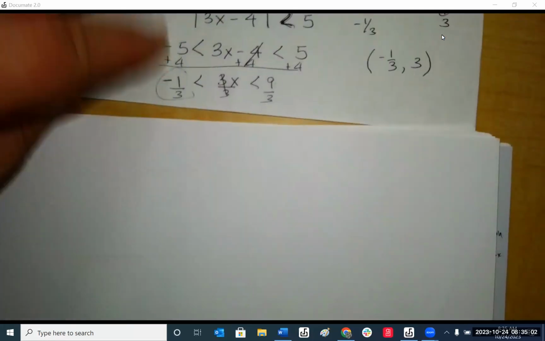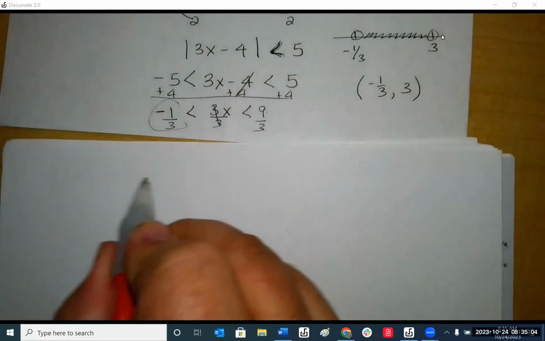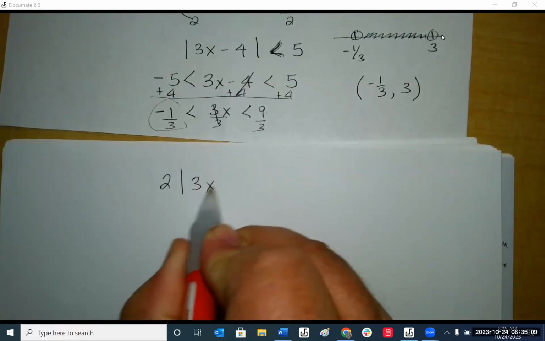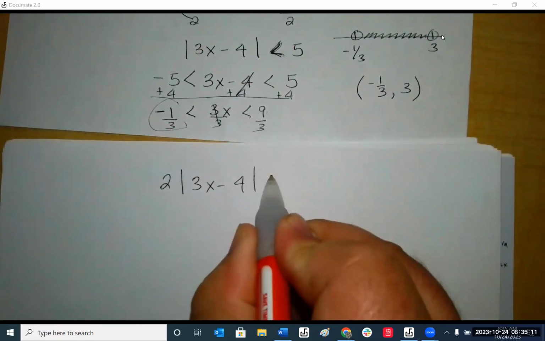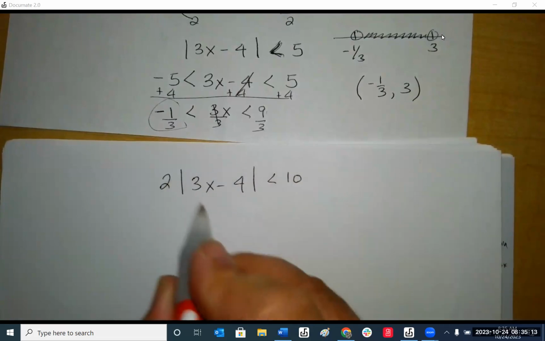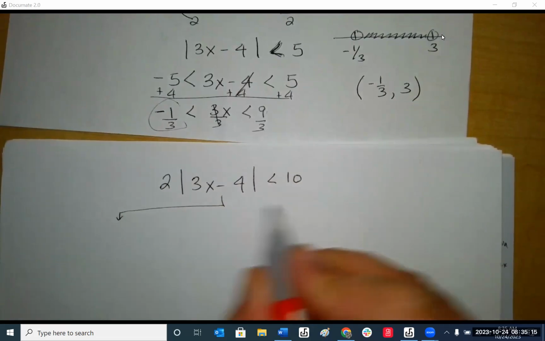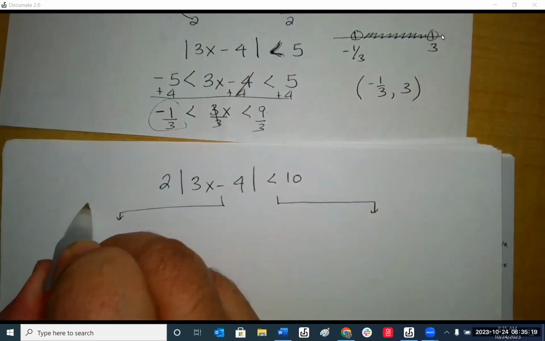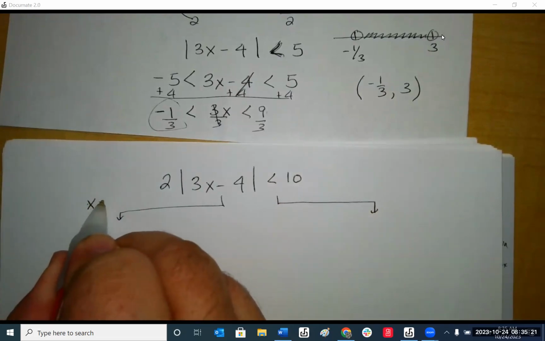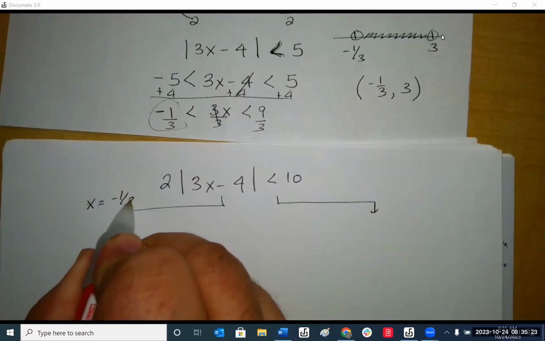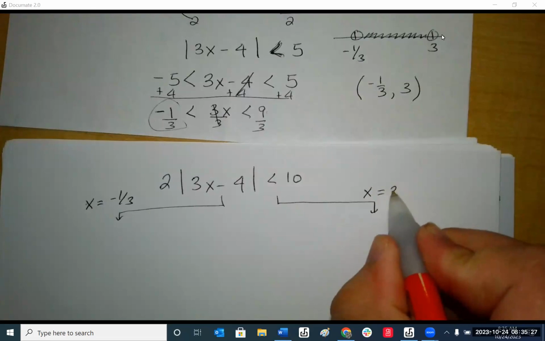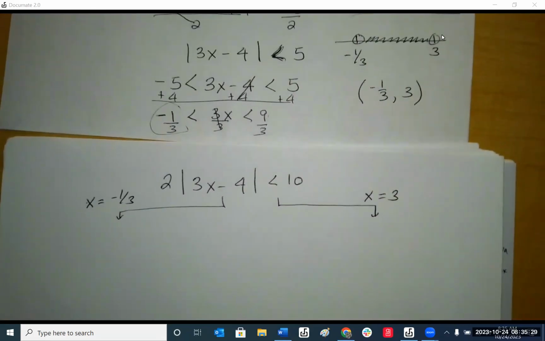So we go back to the original. Let's see if we substitute -1/3 in there. And if we substitute 3 in there. Those are our two endpoints.